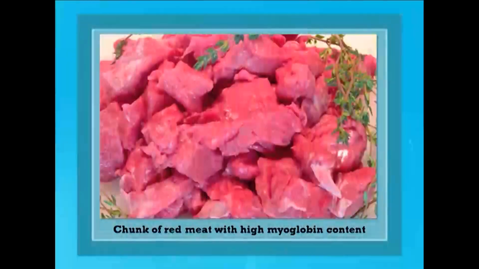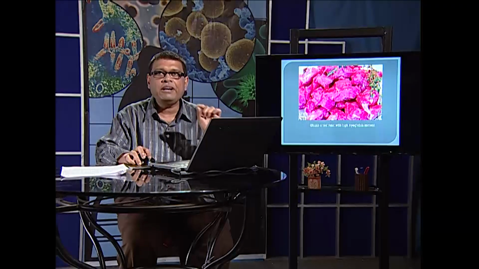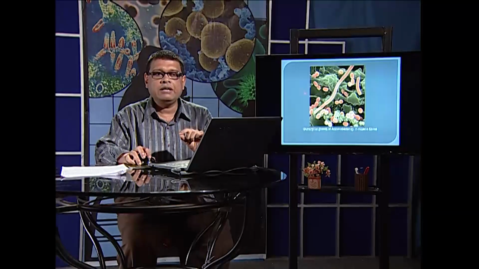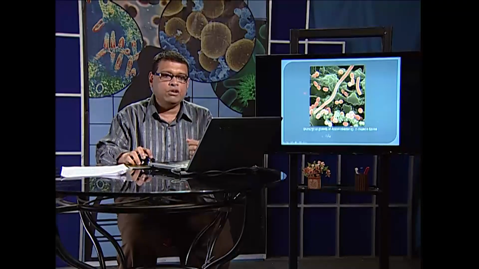Now, to start with, we have the fresh meat. This is a unique chunk of meat with high myoglobin content, so it appears red, but you never know what bacteria are within or how far it is degraded until you examine it. And when you examine it, you will find the growth of different bacteria.